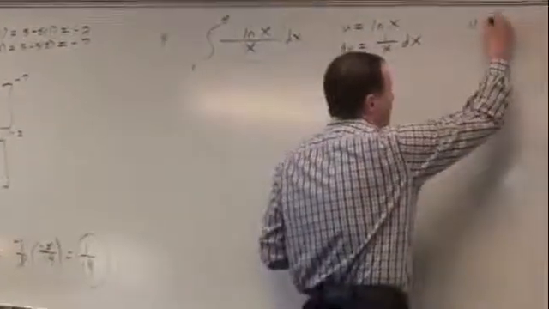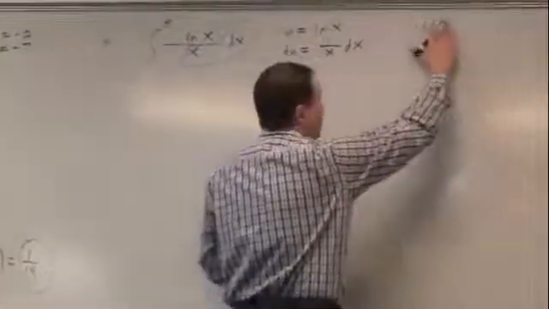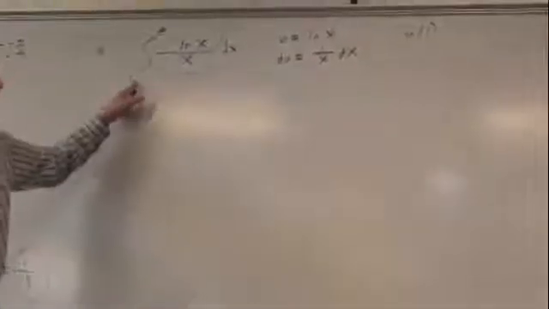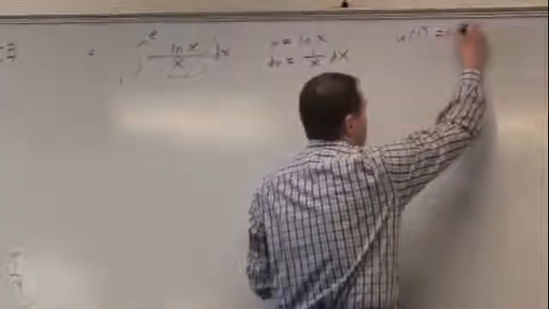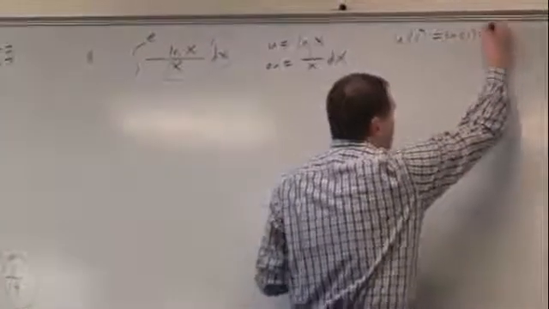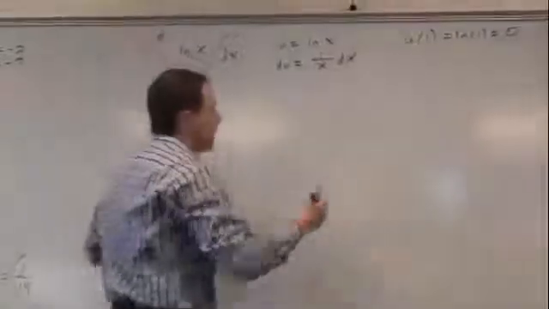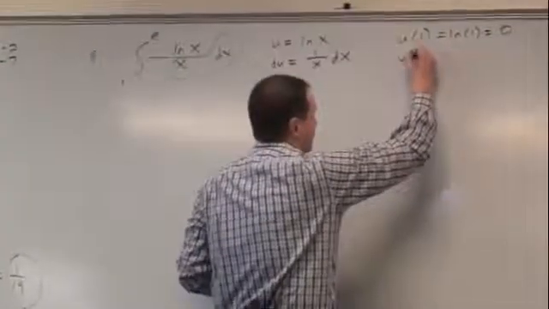But I'll say, well, I need to evaluate my limits of integration. U evaluated at 1, that's going to become the natural log of 1. And we're supposed to remember natural log of 1 is 0, because any number to the 0 power is 1. The natural log of e, that's my second.